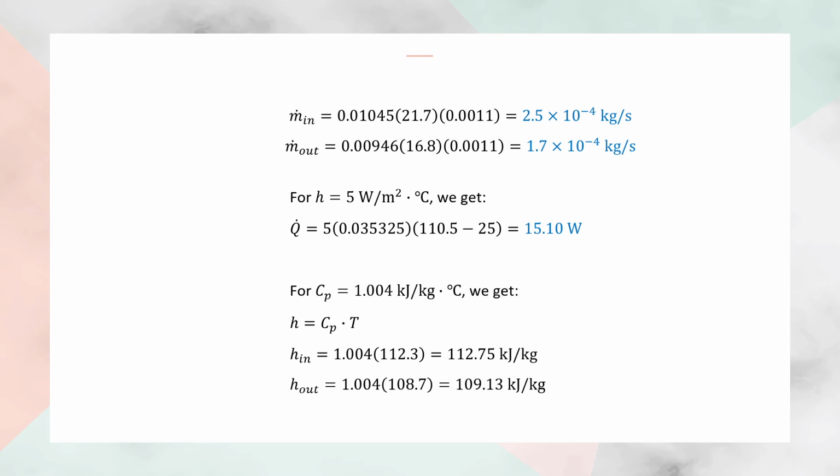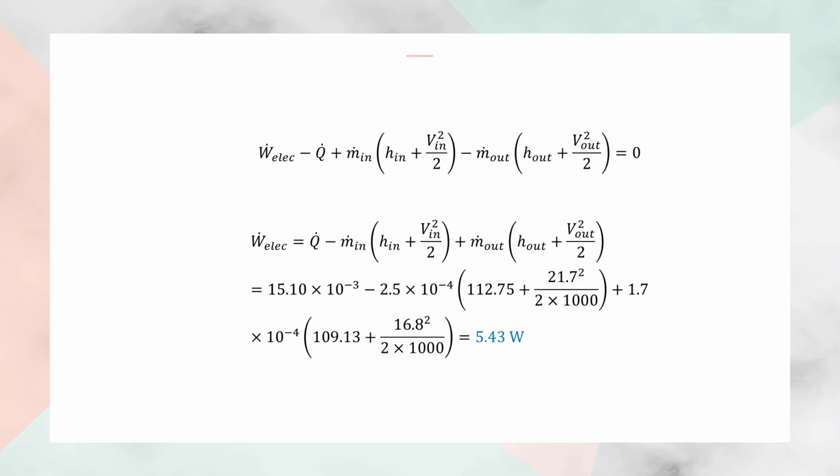This h is obtained from Cp times T, and in this case Cp is equal to 1.004 kilojoules per kilogram degree Celsius, and the values for inlet and outlet are listed here. Then these values are input into the formula, and with the assumption that potential energy is negligible, we come up with the result that V electric, or the electricity power, is equal to 5.43 watts.